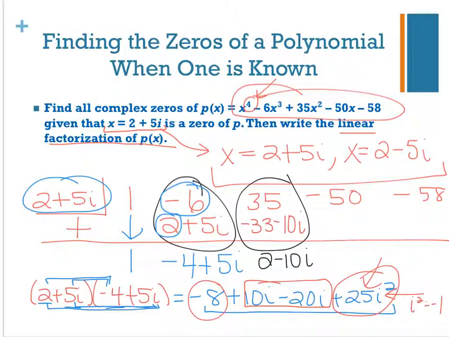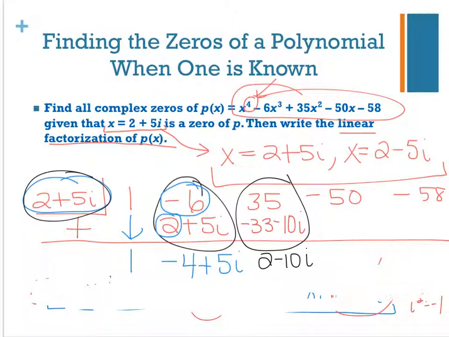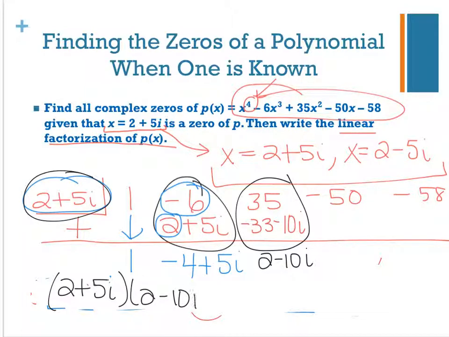Now I have 2 minus 10i times 2 plus 5i, and I'm going to multiply them. I'm going to FOIL again. So I'm going to erase my work down here to give me some space. And I'm going to multiply 2 plus 5i and 2 minus 10i. If I FOIL that out, I get 4 minus 20i plus 10i minus 50i squared.